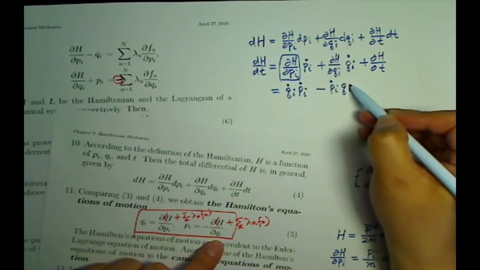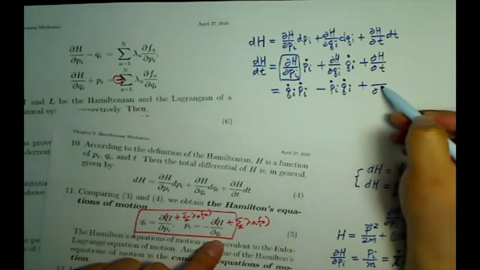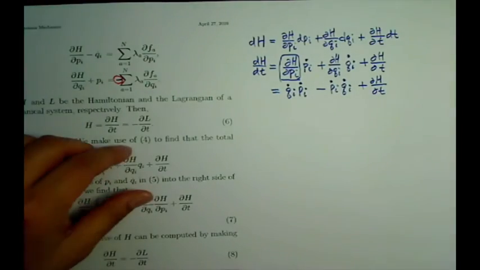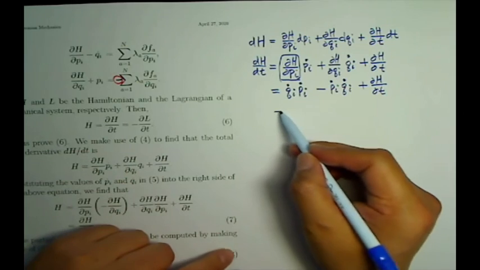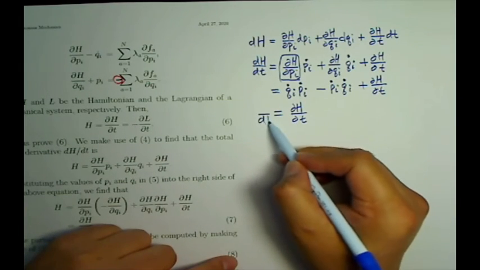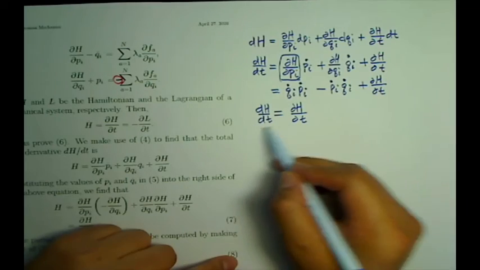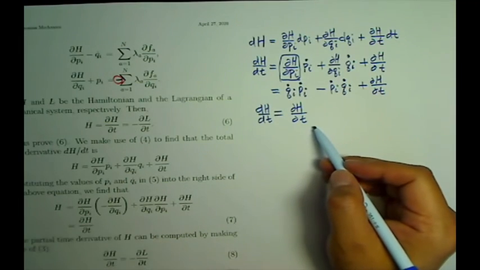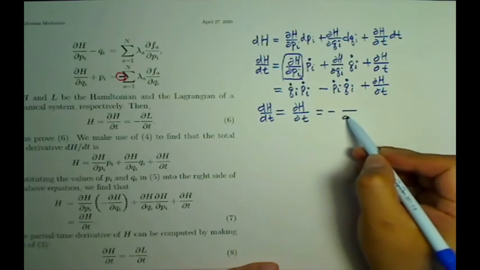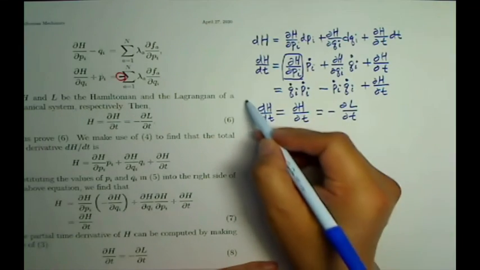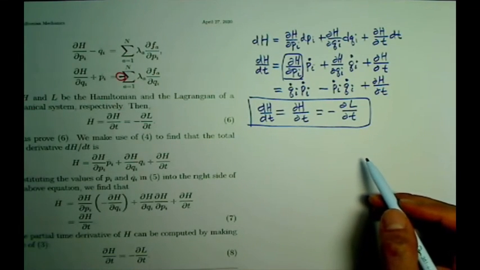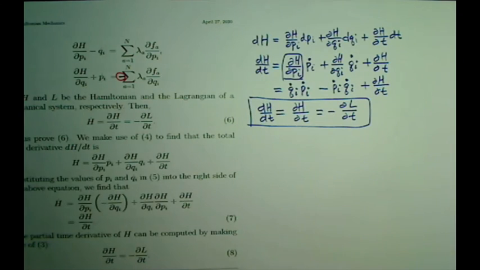We have qi dot times minus pi dot plus pi dot times qi dot, plus the partial derivative. Okay. Therefore, this one cancels. The Hamiltonian's total time derivative is the same as the Hamiltonian's partial time derivative. And we recall that this is the partial time derivative of the Lagrangian multiplied by -1. Okay, this is our final result.